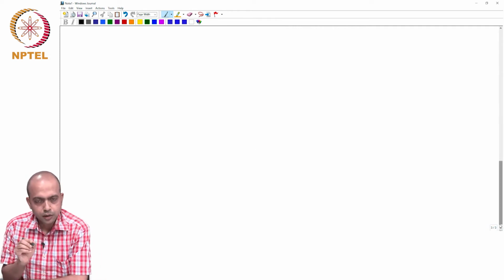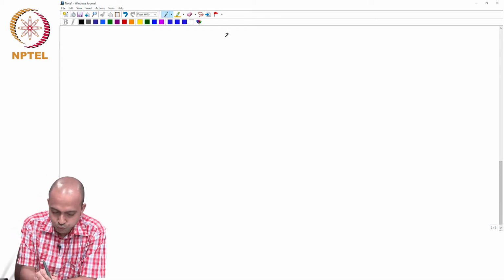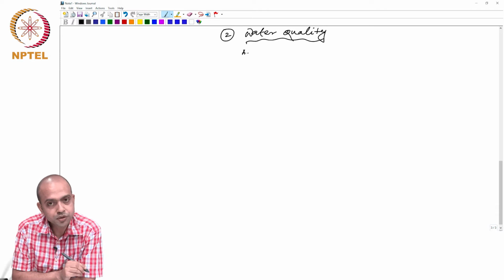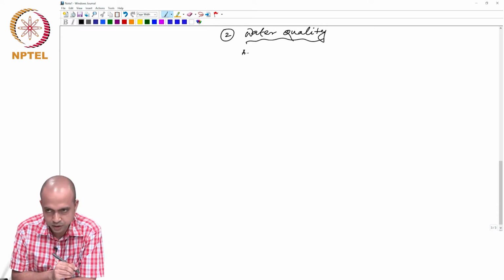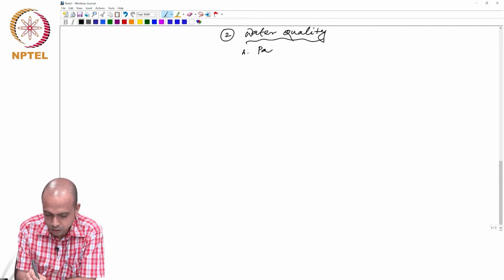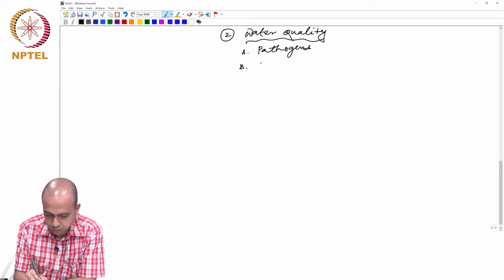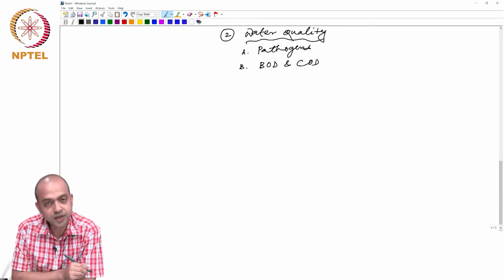Then environmental quality is also measured by water quality indicators. Here also we have three types. First one is called pathogens, second one is biological oxygen demand, BOD and COD.